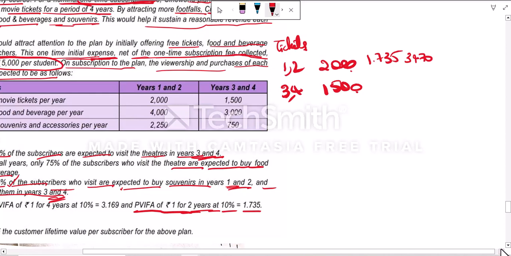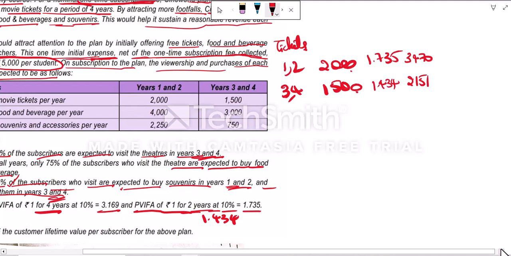Here, total from 1 to 4 it is 3.169. If we deduct the factor for 1 and 2, we will get 3 and 4: 3.169 minus 1.735 is 1.434. So 1,500 into 1.434.